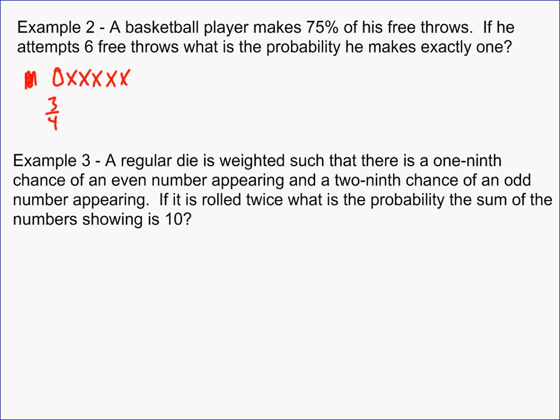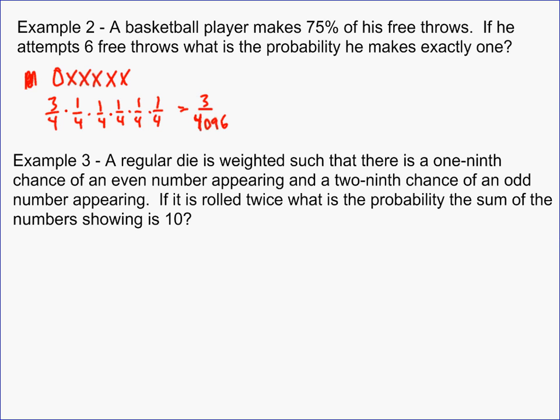So it's going to be 3/4 times 1/4 times 1/4 times 1/4 times 1/4 times 1/4. That is the probability of one way that you can make 1 free throw. The question is, how many different ways can you do that? If you multiply this together, you'd get 3 over 4,096, by the way.